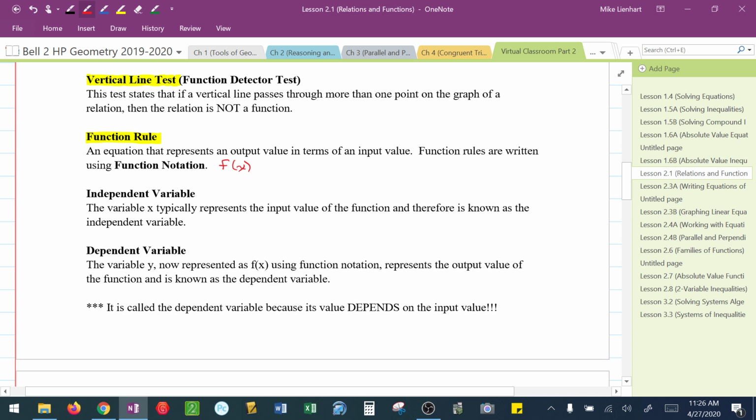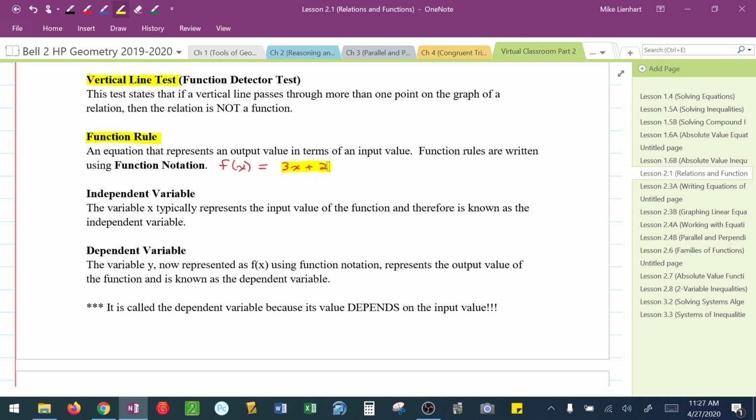And what this tells you is the name of the function is f, and in the expression or the equation I use to represent it, I'm going to use the variable x. So you might see something like f of x is equal to 3x plus 2. This is a function f using the variable x, and the actual rule says that f of x is 3x plus 2.